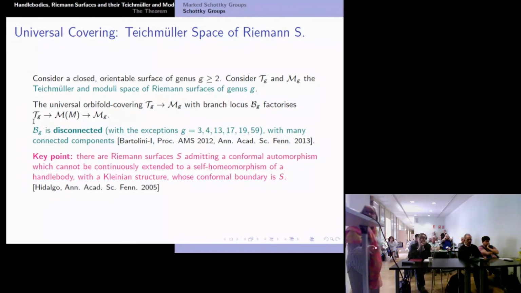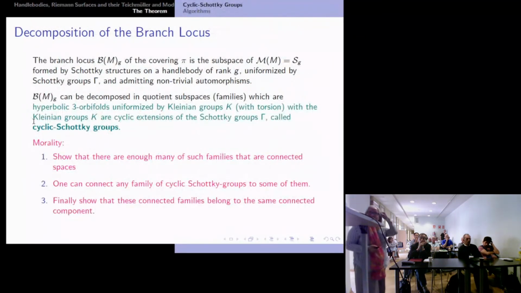And the thing is there are somehow more Riemann surfaces admitting automorphisms than the ones that admit automorphisms that can be extended to a handlebody. So not all Riemann surfaces with automorphisms are boundaries of handlebodies. That's the moral of the thing. And of course this was Rubén that did it, and you will find many.